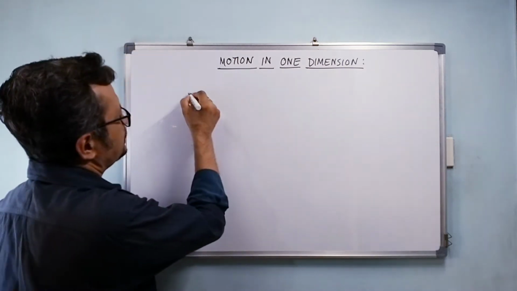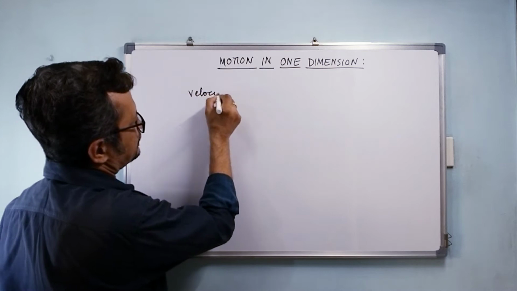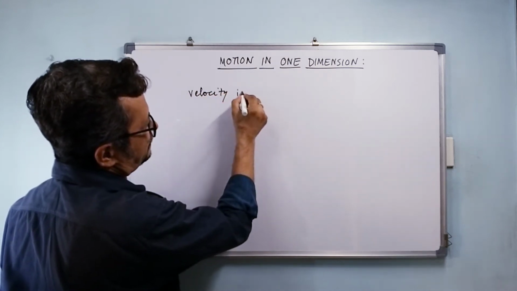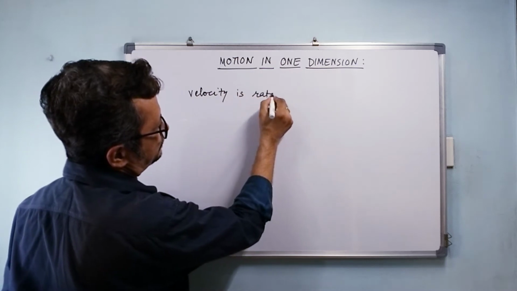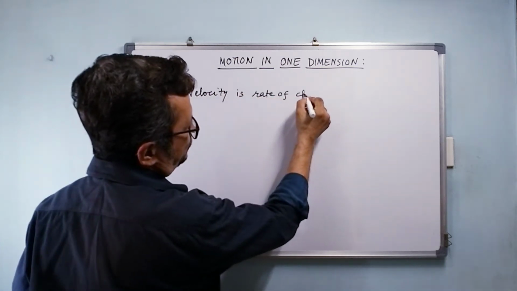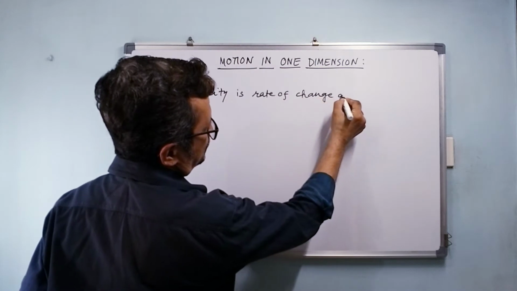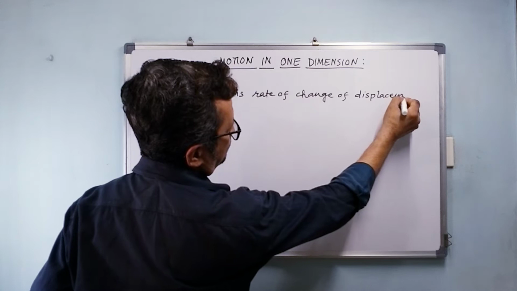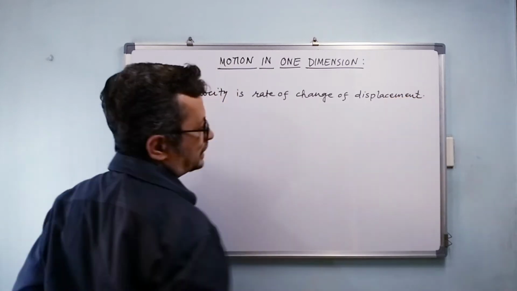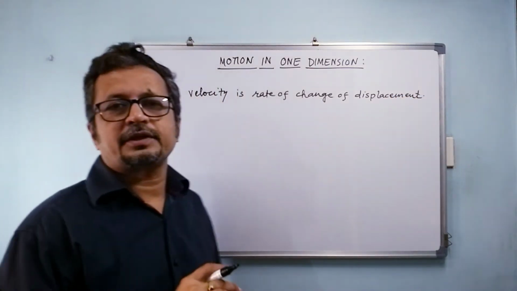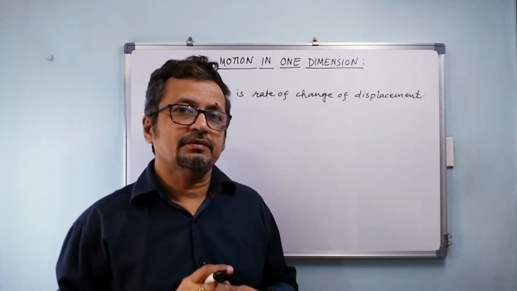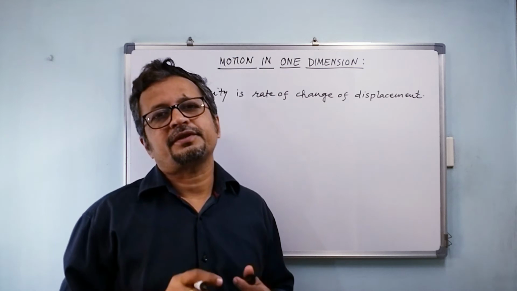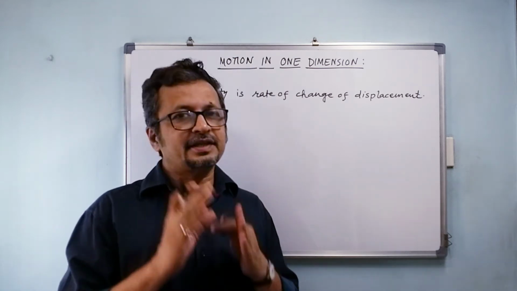So I'll define velocity as the rate of change of displacement. Now displacement is a vector quantity, so obviously velocity is going to be a vector quantity. The reason is we are interested in displacement in a given direction.